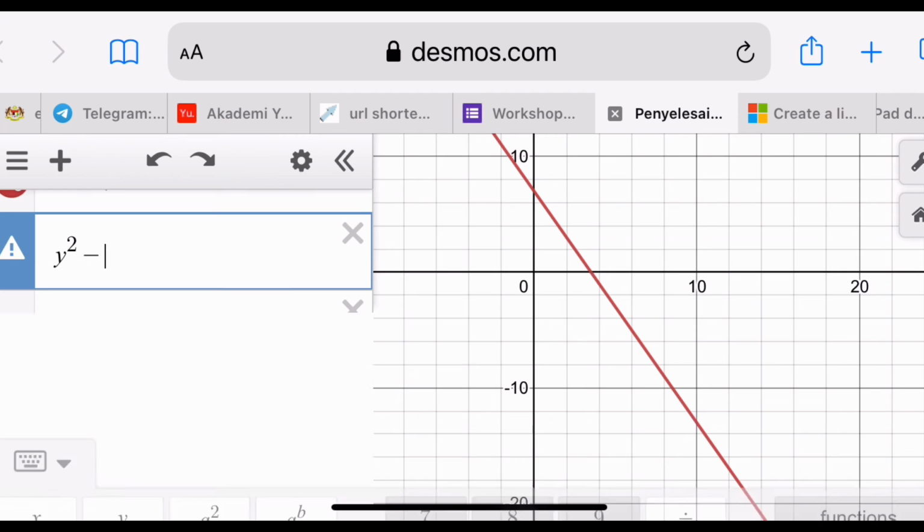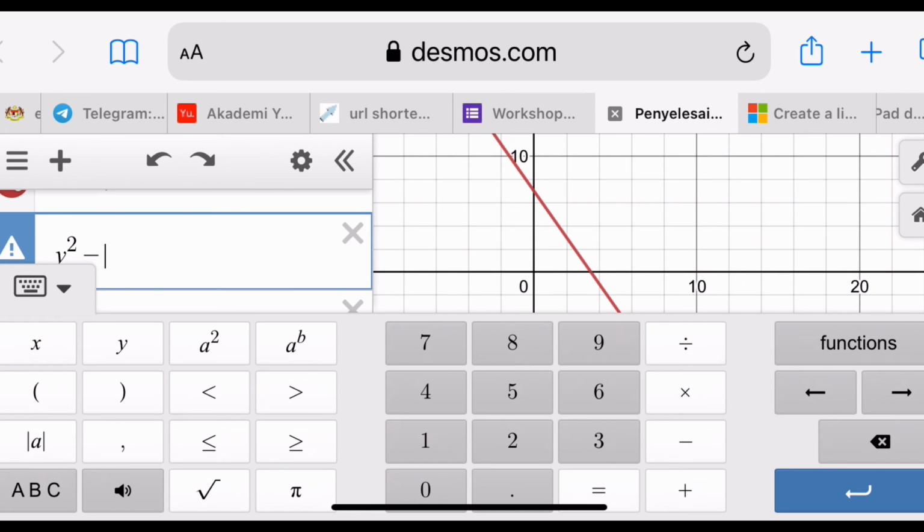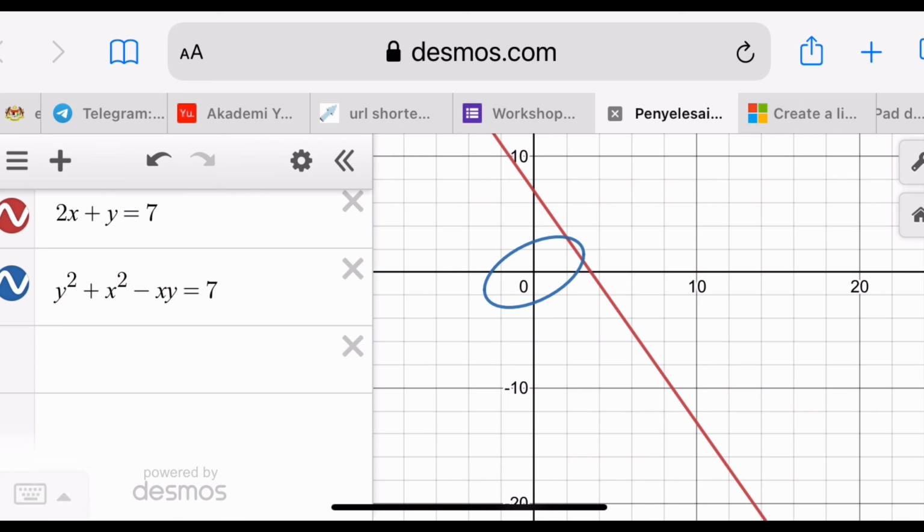The curve follows the equation x squared minus xy plus y squared equal to 7. I can type it as y squared plus x squared minus xy equal to 7, which is the same. This is a curve that looks like an ellipse.